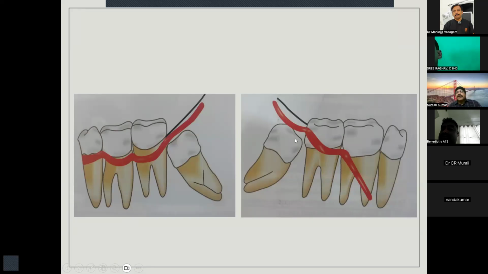So if I have a horizontal impaction and I want more exposure, then I will take the incision along the gingival crevice of the second molar also, and I will give a vertical releasing incision that is mesial to the second molar. This is called a modified Ward's incision. So you have three options for incisions.